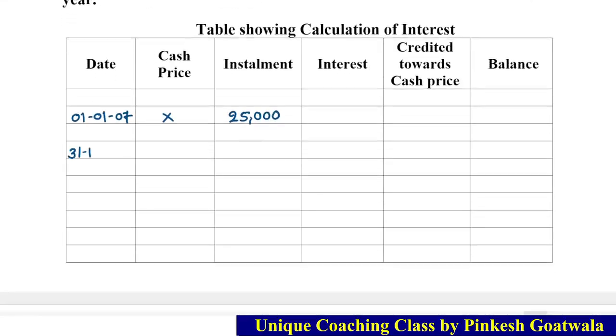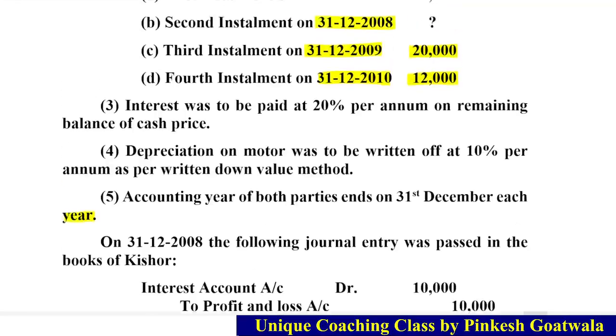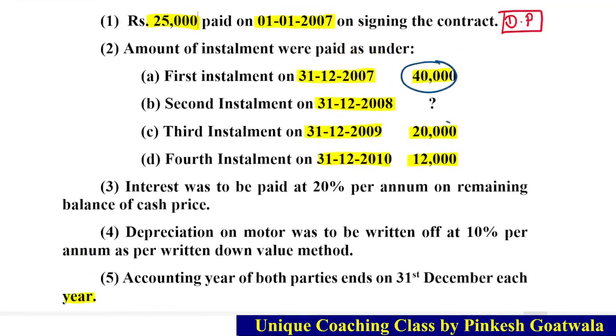Then give installments on December 7, 8, 9 and 10. Okay, there are 4 installments. First 40, third 20 and fourth 12. 40, 20 and 12. Second installment is not available.